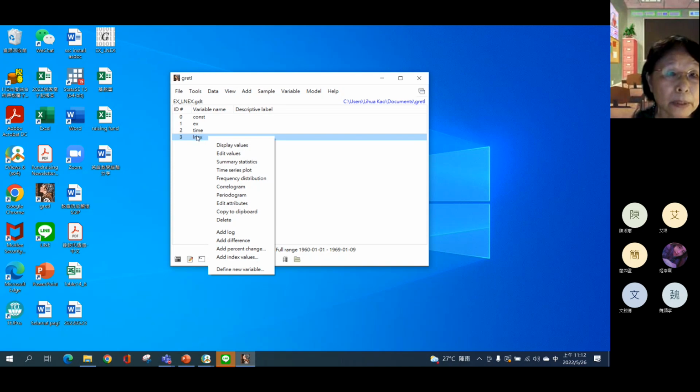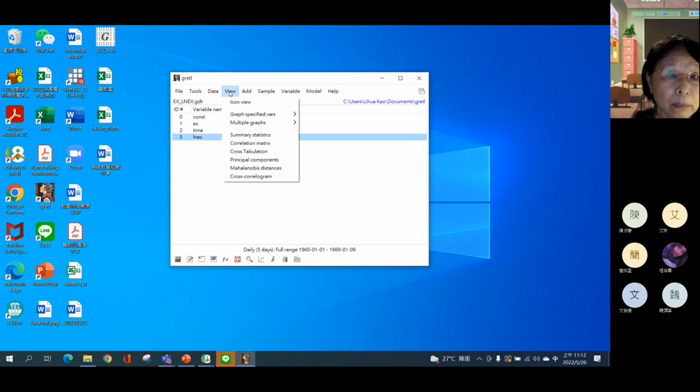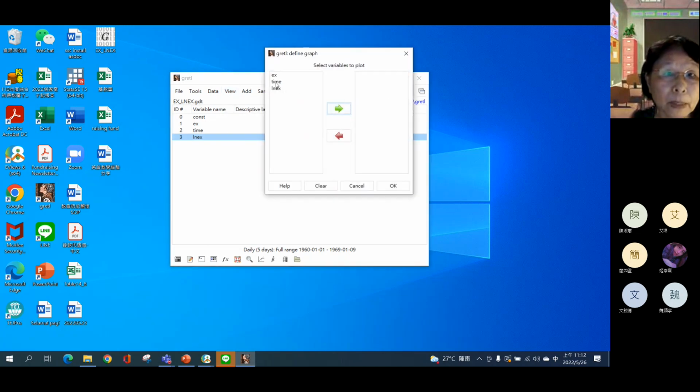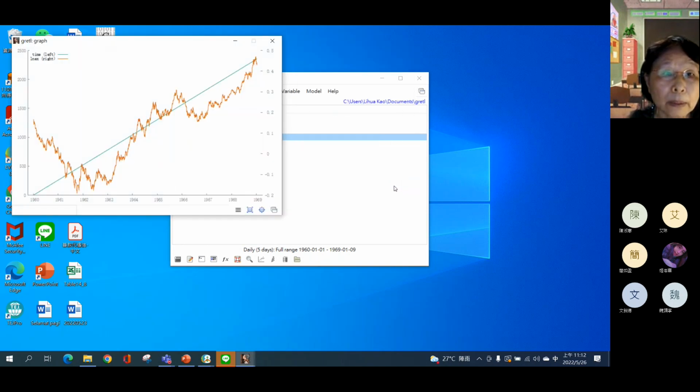You can just hit this one and you may see the view. Then I'll see the time series plot. This is the time and this one. I hit OK. So this is really what I see from EViews too.